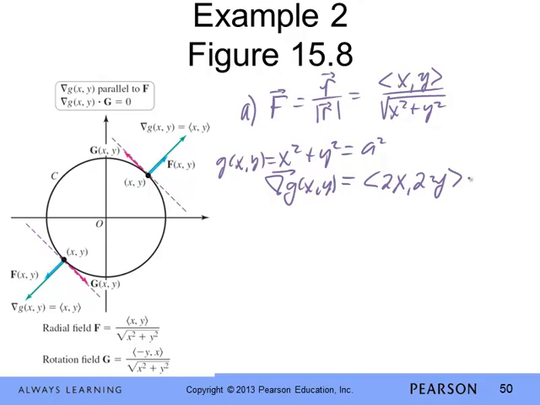And we've already established that the gradient vector is orthogonal to the contour curve. And x squared plus y squared equals a squared is a contour curve for whatever the function x squared plus y squared is. Okay?